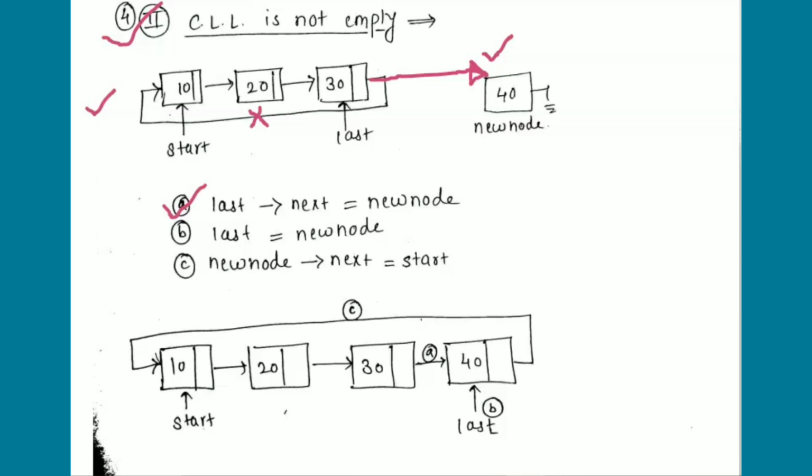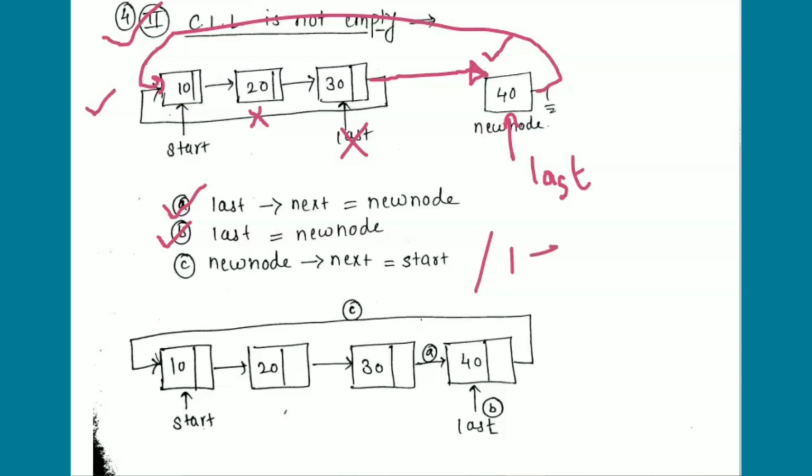So for that reason, we need to update last with new node. Now your last is pointing to 40, and the old last 30 is no longer last. Now we can make a connection from this 40 back to this 10. For that, we can make the statement new node next is equal to start, or you can make the statement last next is equal to start. It is also fine.